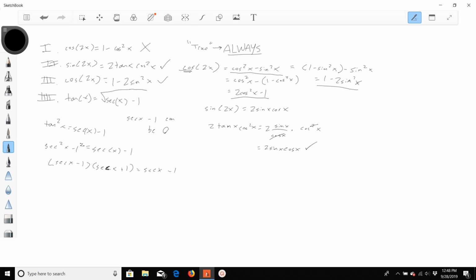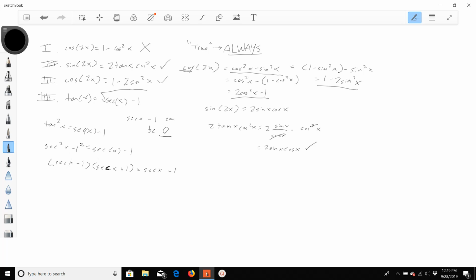So technically, I can't divide both sides by secant x minus 1 because for a particular value of x it can be 0, and that would be dividing by 0, which should be another clue that this is already not true, that secant squared x minus 1 does not equal secant x minus 1 for all values of x.